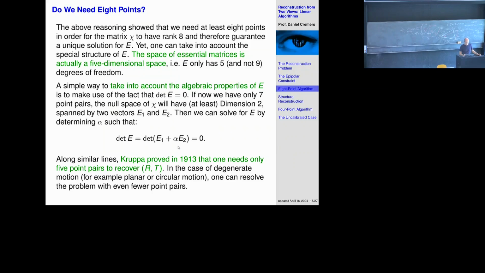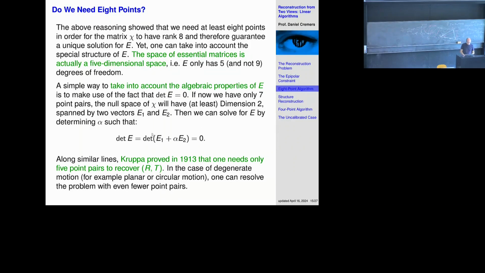And now all we care about is what is the parameter alpha that gives us the right essential matrix. And since we know the true essential matrix should have determinant 0, what we end up with is now an equation in alpha, where we say choose alpha such that this determinant becomes 0.